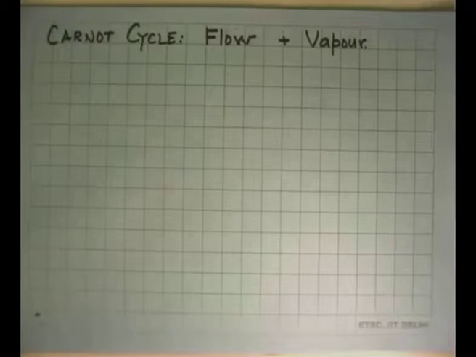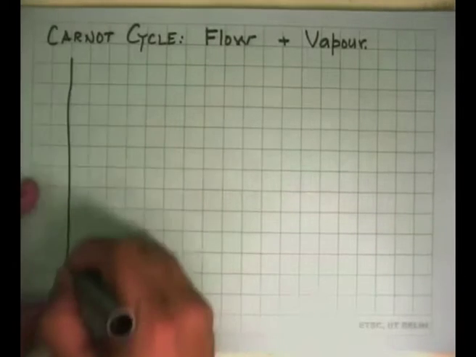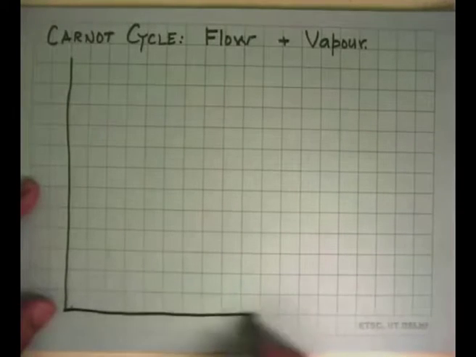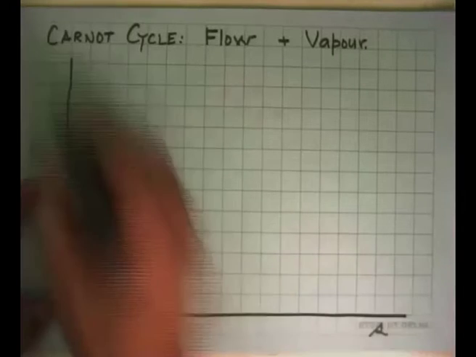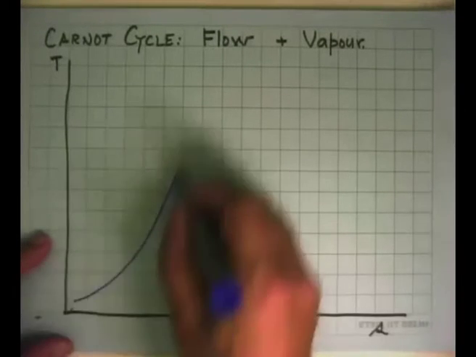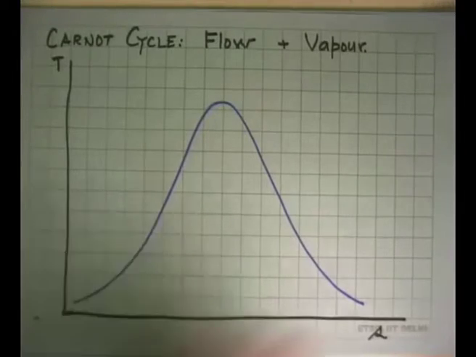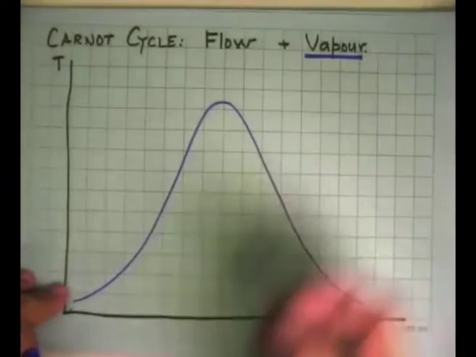Now let's look at what happens to the Carnot cycle in the flow system. So here we have the TS diagram, and what we have here is the saturation dome we have to work with. We are dealing with a vapor, so we have to show this.